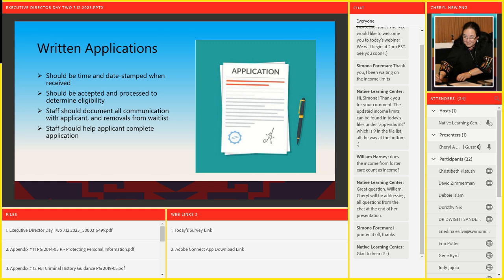Staff should help applicants complete applications. Our applications sometimes can be confusing, thick. You do that in a private place. Pick the appropriate staff member that is good with your tribal members.